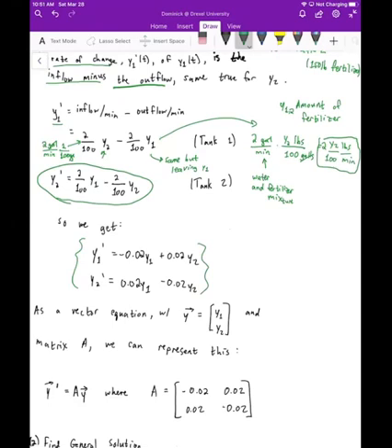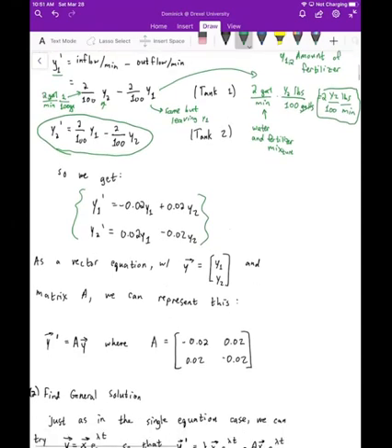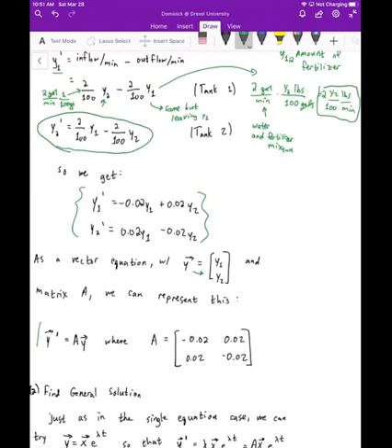And of course, it's going to be nice to represent this as a matrix equation. So if we let a y vector be our solution vector here, and we consider a coefficient matrix A, then we can say that our ODE is really a matrix equation where we have y prime, which looks something like this.